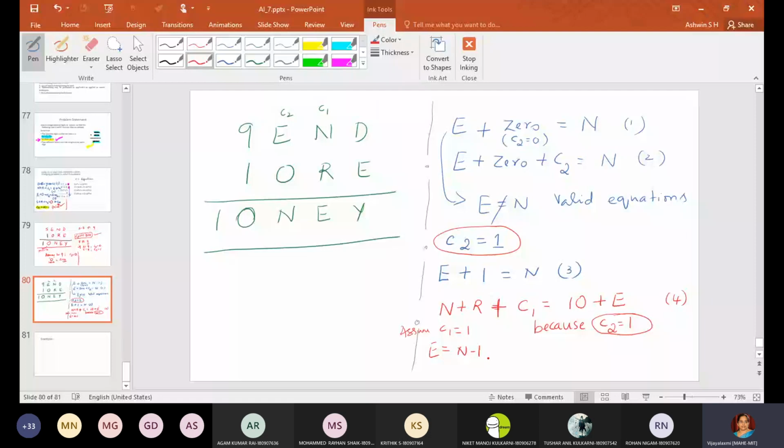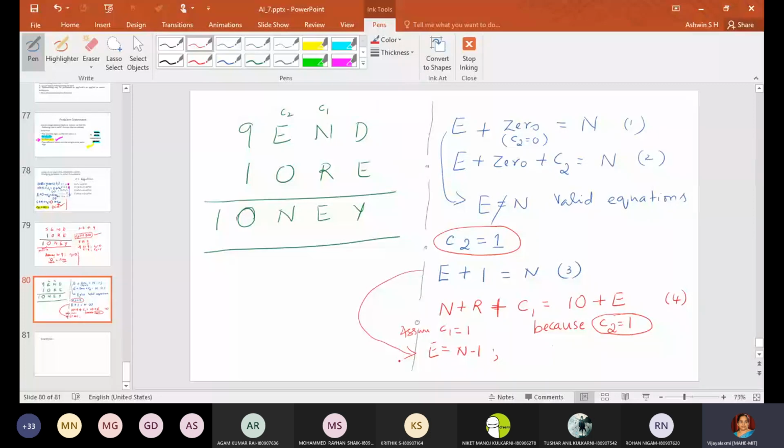Substitute this in equation number 3. Of course, this is not substituting, I'm sorry. So E is equal to N minus 1. This is what I have written here.